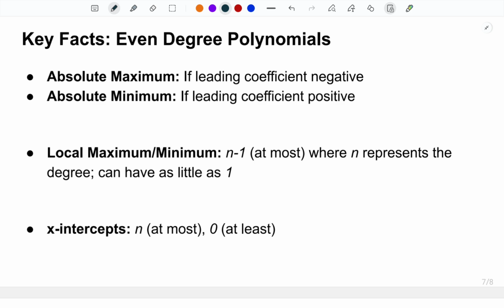It just depends on if your lead coefficient is negative or positive. And that will tell you whether you have a maximum or a minimum. And for the number of local maximums and the x-intercepts, it is, in this case, kind of similar to what we had with the odd degree polynomials. You can have one less the number of local maximums and minimums than the degree, but you could have up to the same number of x-intercepts.